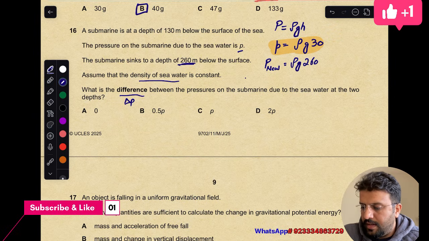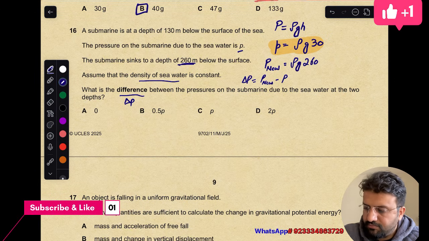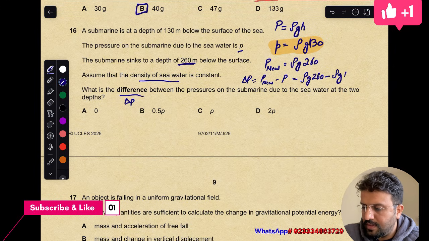What I have to find is the change in pressure, that will be the new P minus the initial P. So this can be written as rho g 260 minus rho g 130, this is 130, it's not 30.